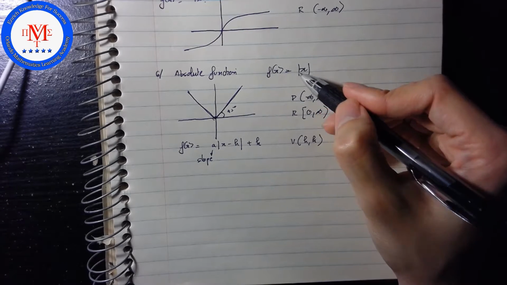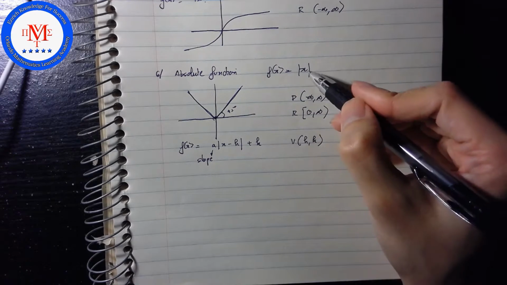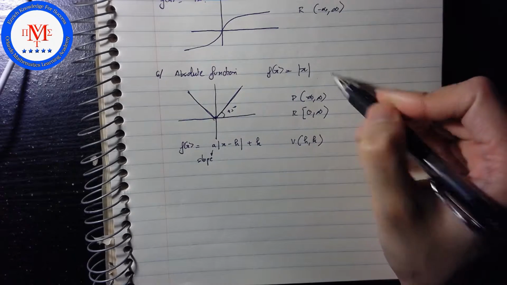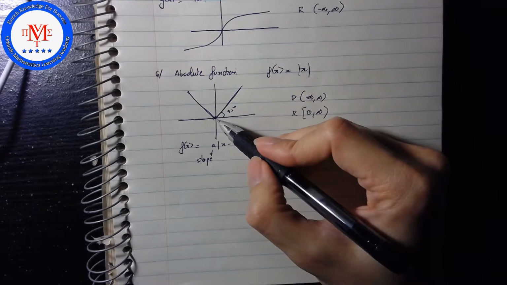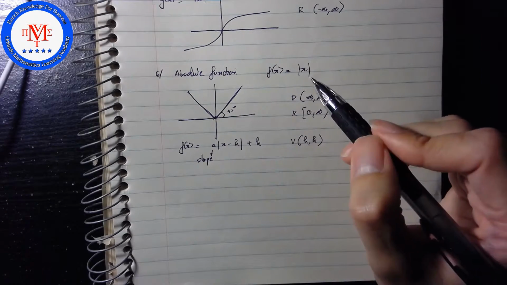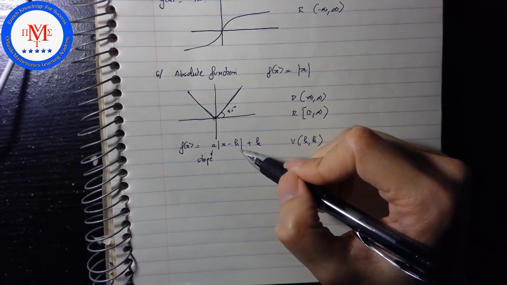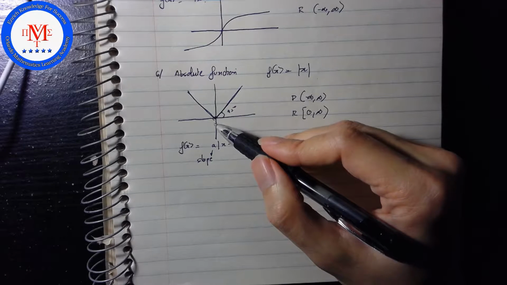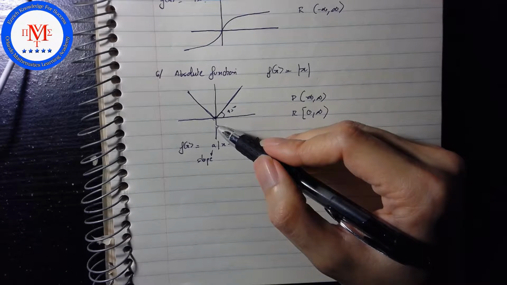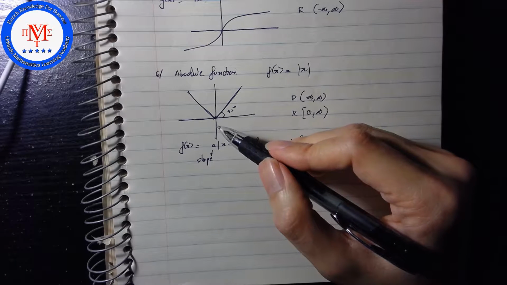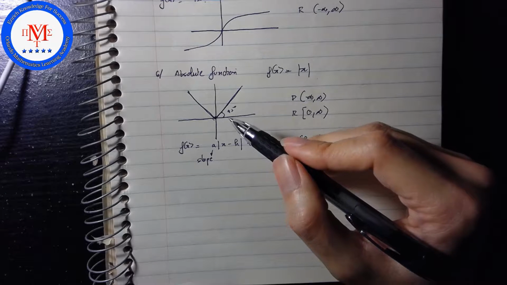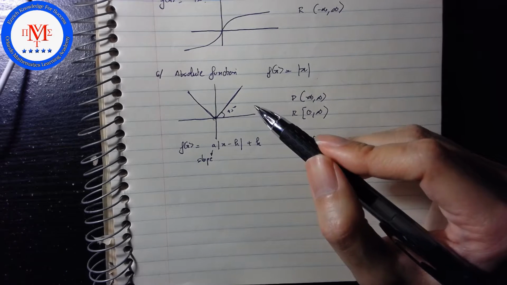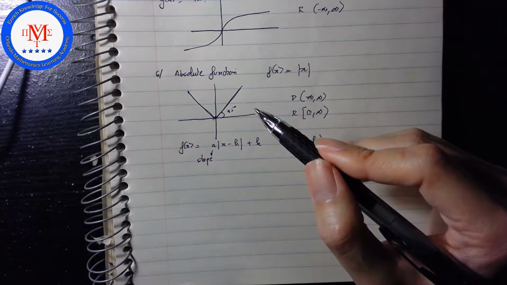That's why the vertex is at the origin. When you graph the full vertex form, the vertex is not at (0, 0) anymore. However, you will have the same domain, negative infinity to positive infinity, and the range is different. The range will start from wherever the vertex is.